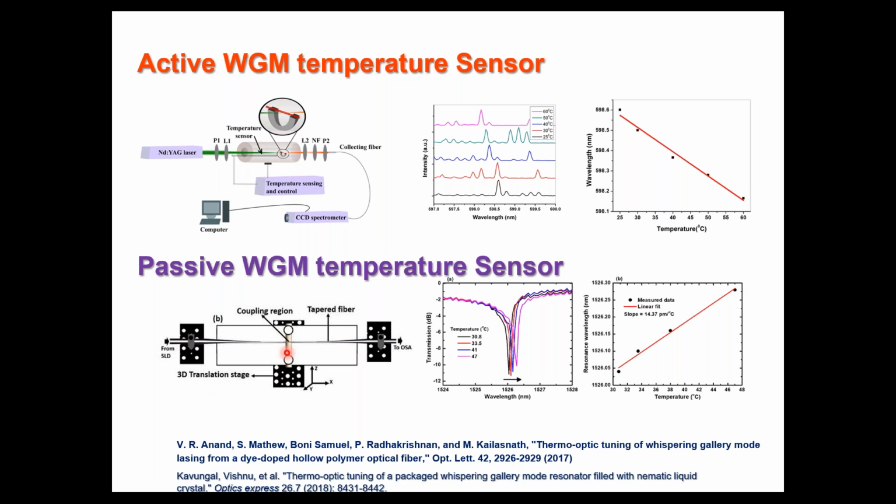This is a coupling region, and across the tapered region you have a cylindrical microcavity, which is not at all doped. So the transmission spectrum alone can be studied to monitor some parameter which can act as a sensor. So this is basically a comparison between active and passive sensors.